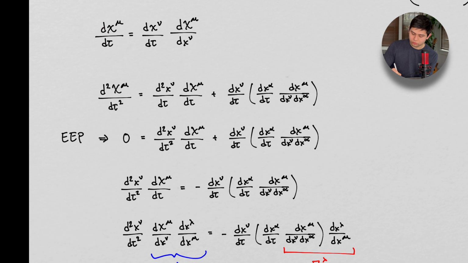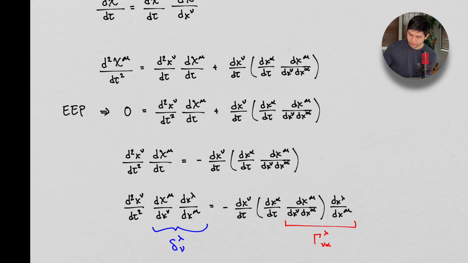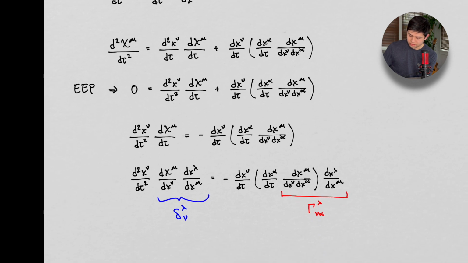So if we take the double derivative of this, which is right here, then we take the derivative of this, right? So we want the double derivative of this. That's the new coordinates times this, and then the derivative of this, which is right here, times this, which is right here. Okay. Then we invoke the Einstein equivalence principle.